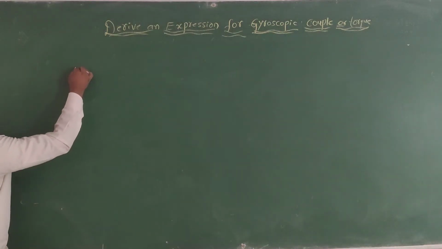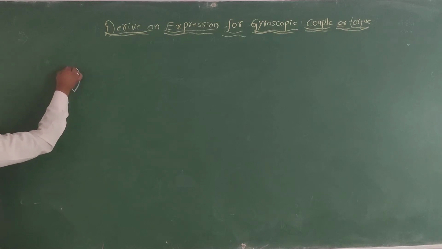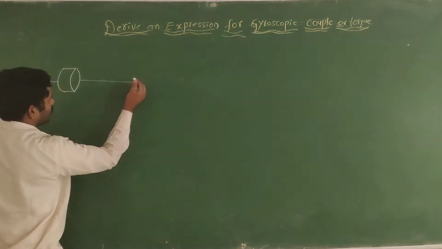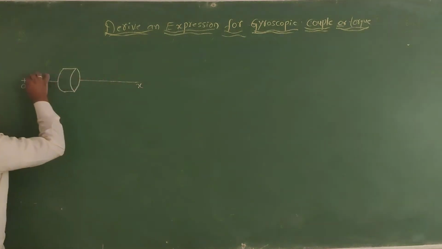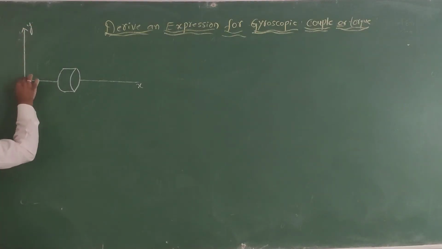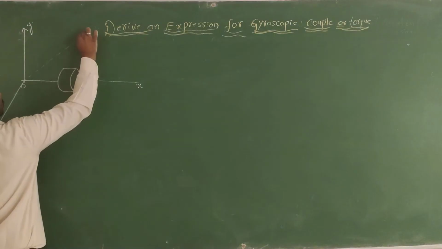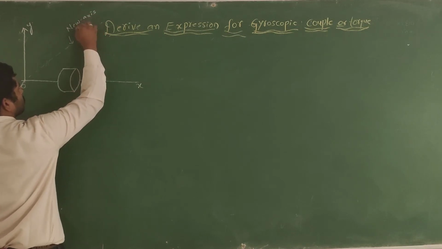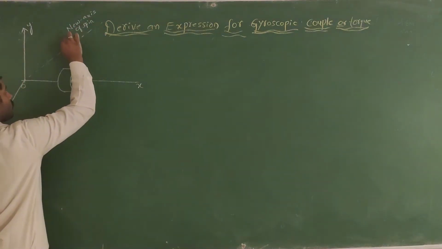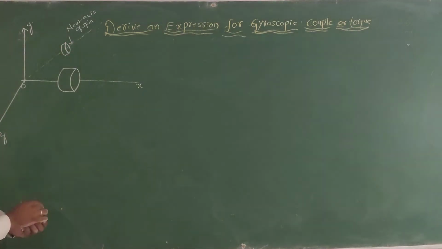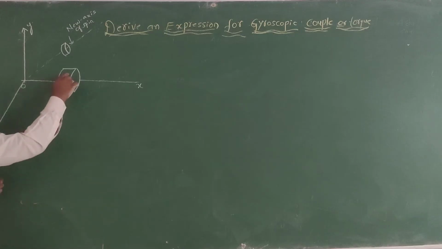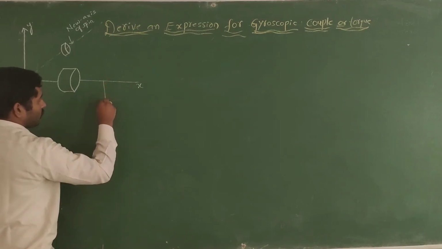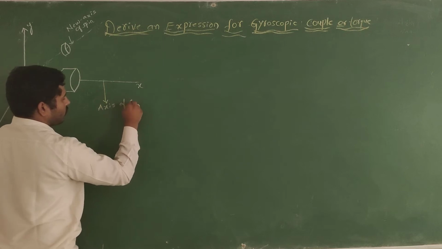So let us consider a disc mounted on the axis OX, which is known as the axis of spin.